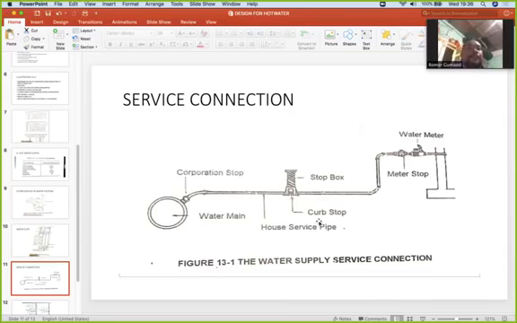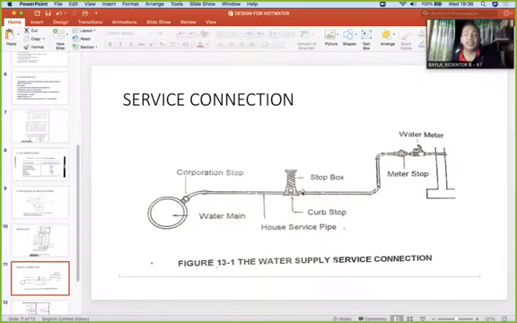Curb stop, because there's a curb or gutter on the side of the street. That's why it's called the curb stop box. Of course, this is still below the ground, so that's why it's rising up here to the water meter.